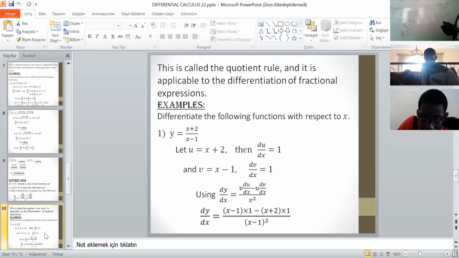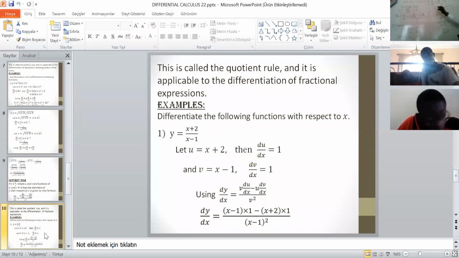Then this is the formula again. So substitute v, x plus 1, times du dx, our du dx is 1, minus u, our u is x plus 2, times dv dx, our dv dx is also 1, all over v squared, that's x plus 1 all squared.